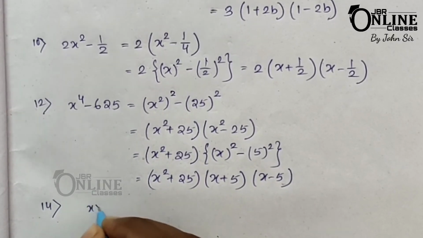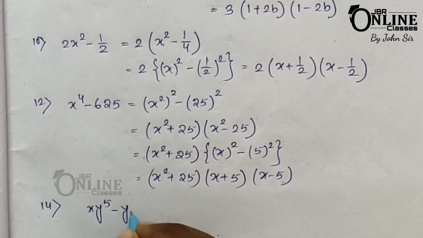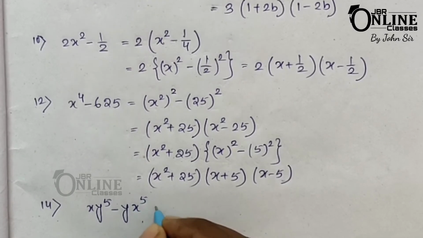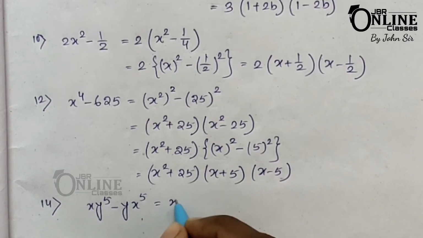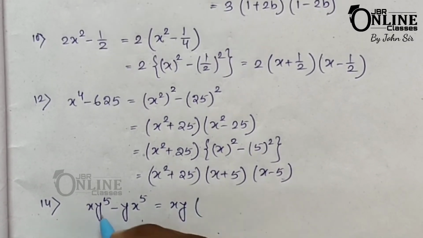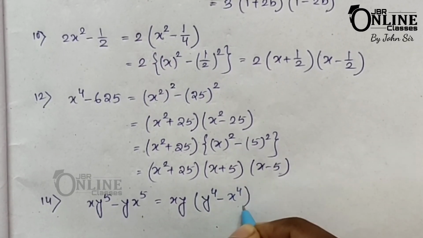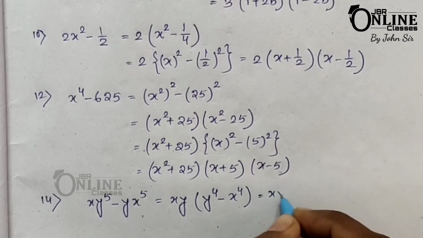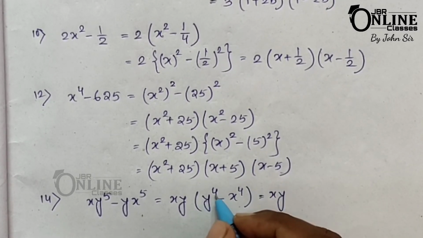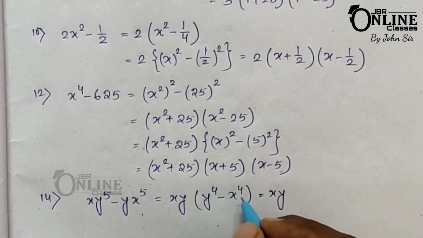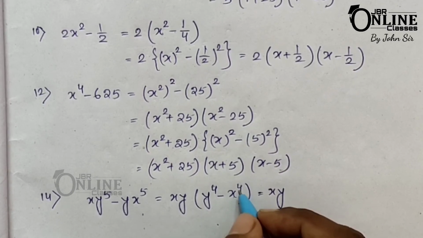Okay, so now the next one, sum number 14. In sum number 14, x y to the power 5 minus y x to the power 5. Okay, so here first xy will be common. If xy will be common, then it will be y to the power 4 minus x to the power 4. So that equals xy, and here y to the power 4 means y square whole square, and x to the power 4 means x square whole square.